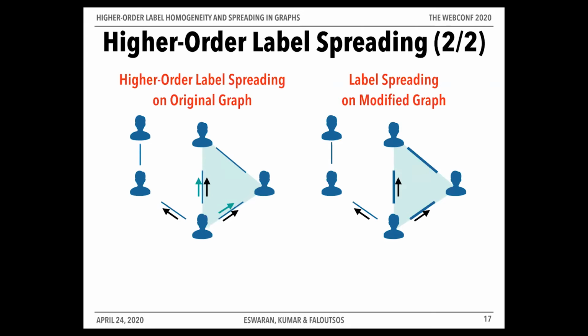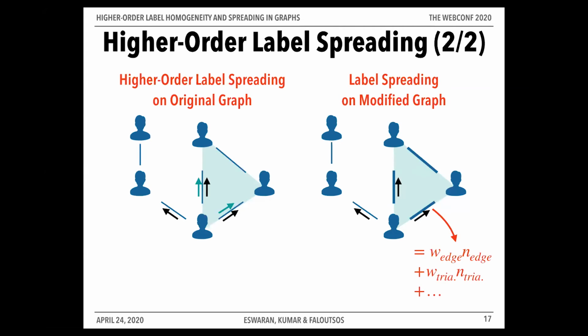For example, if edges and triangles are your structures of interest, then the reweighting of the edges will incorporate some amount of weight from the number of edges that 2 people share, and some amount of weight from the number of triangles 2 people share. In general, the more higher order structures that 2 people share, the stronger the connection becomes in the modified graph, and hence these pair of friends are incentivized to have the same label during the optimization procedure.